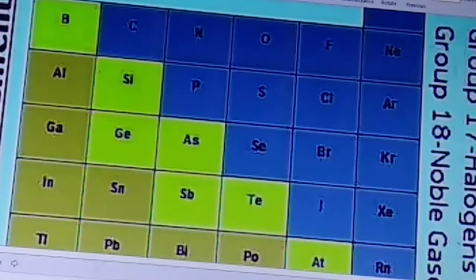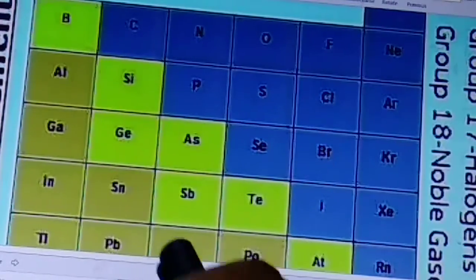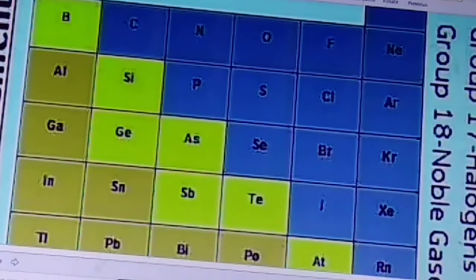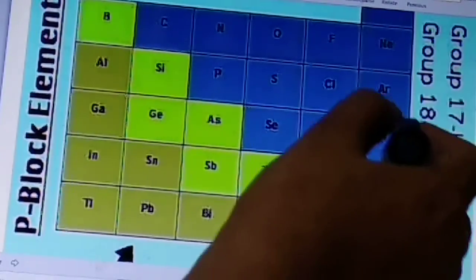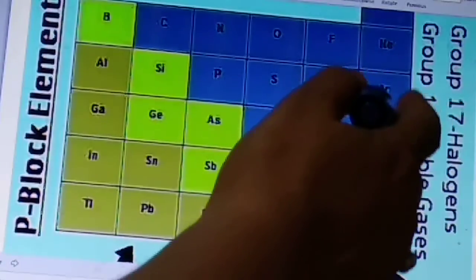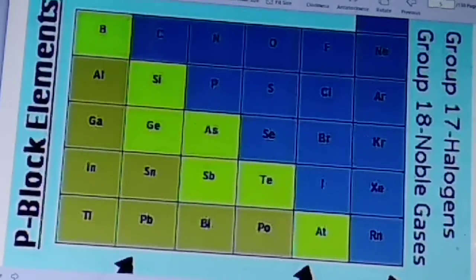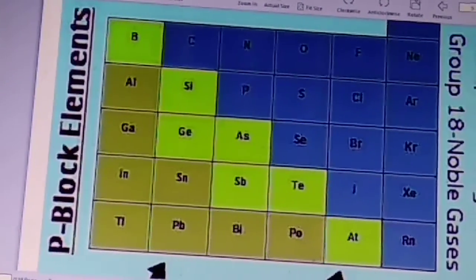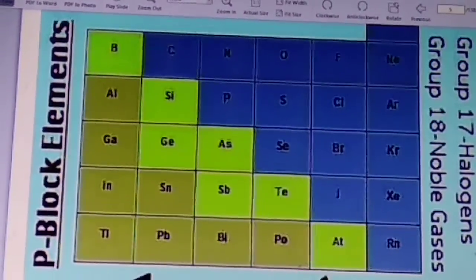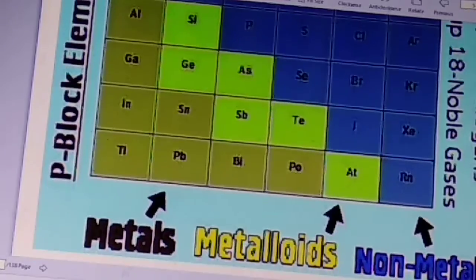Group 16: oxygen, sulfur, selenium, tellurium and polonium. Group 17: fluorine, chlorine, bromine, iodine and astatine. And group 18: helium, neon, argon, krypton, xenon and radon. So first you should know the family members of each group 15 to 18.